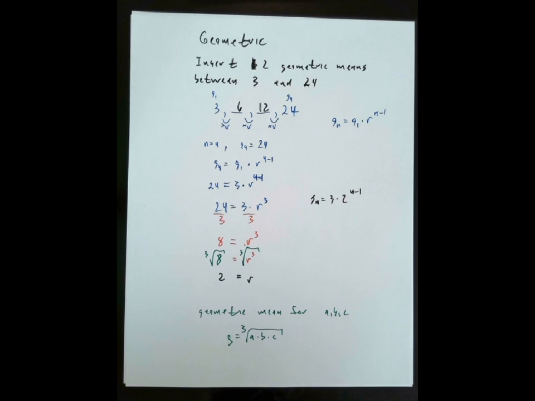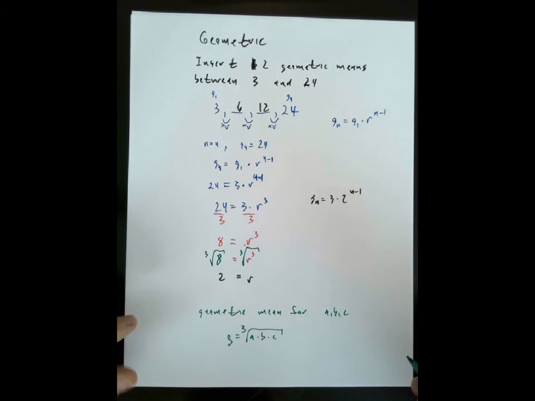So the arithmetic mean, you add the numbers together and divide by the number of numbers. For the geometric mean, you multiply the numbers together and root it by the number of numbers that you had.